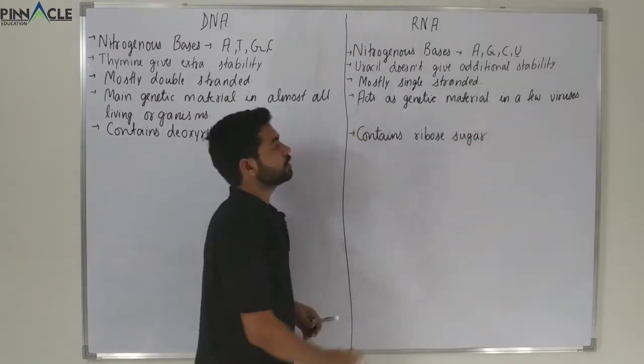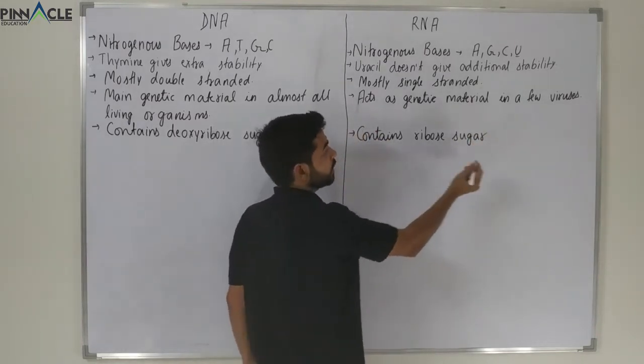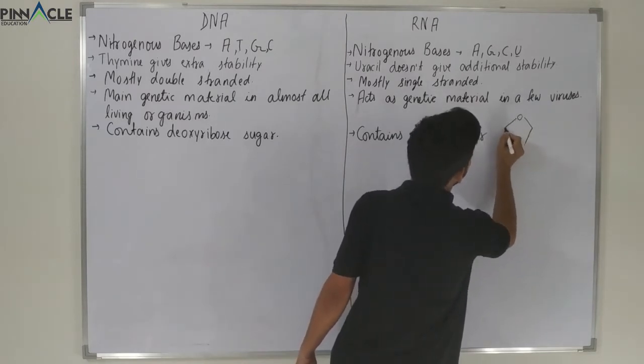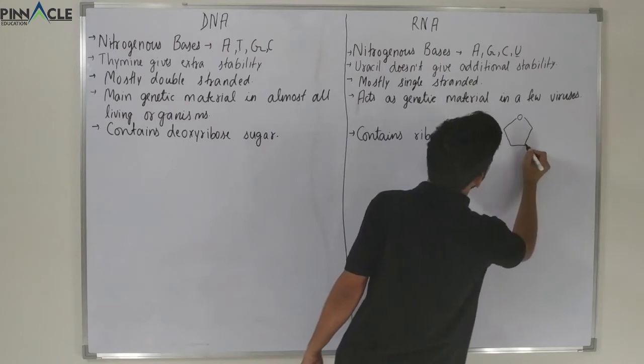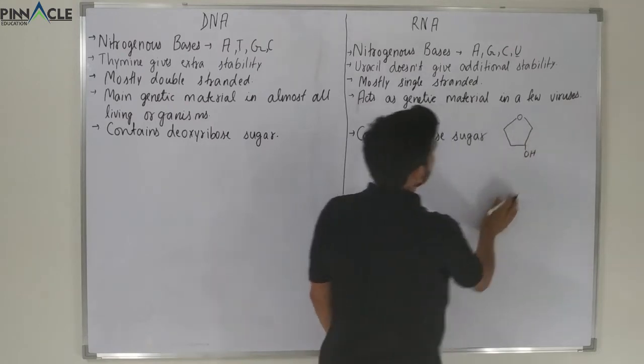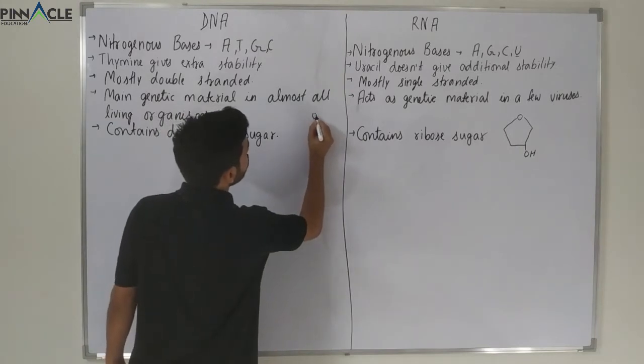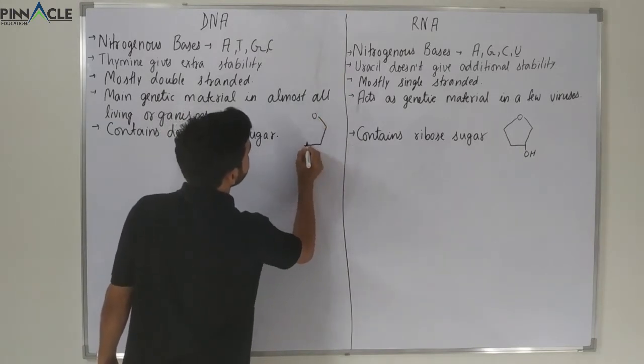What happens here is that on the second carbon of the ribose sugar, there is an OH group, and in the case of deoxyribose sugar, that OH group is not there.